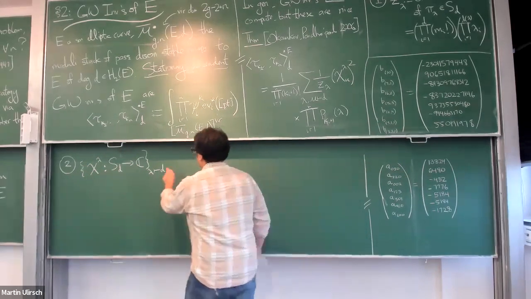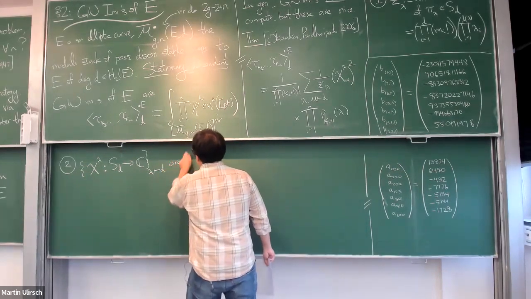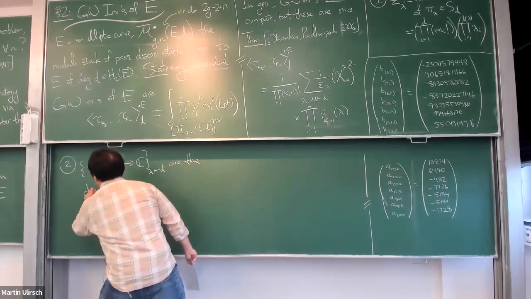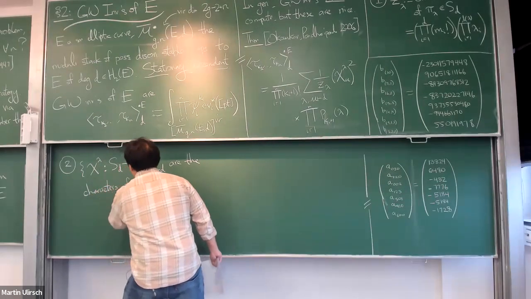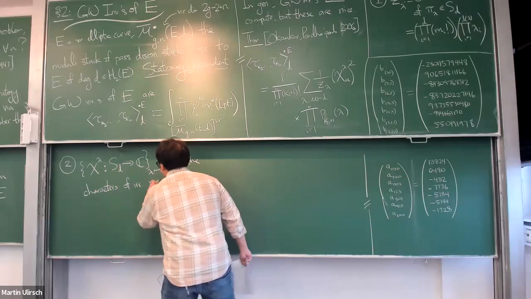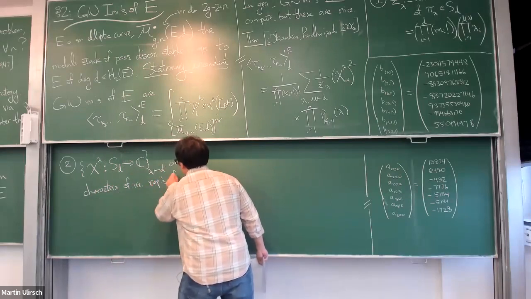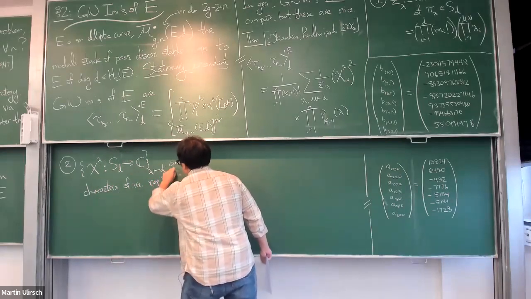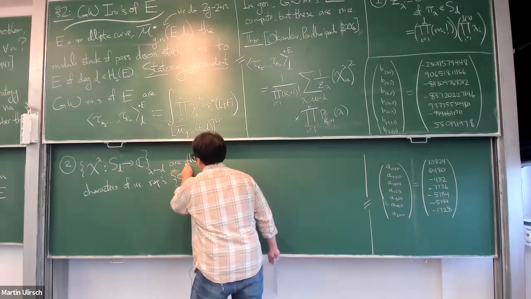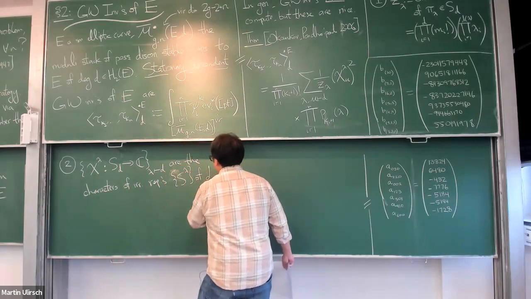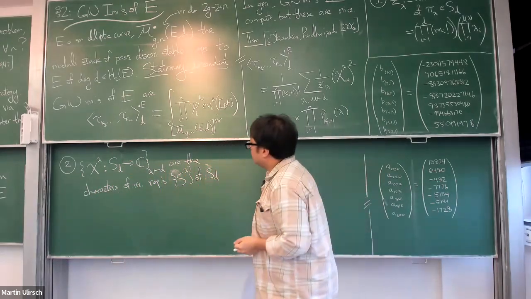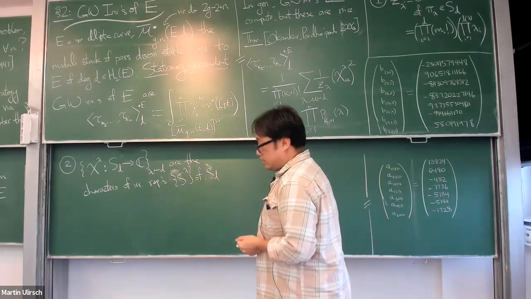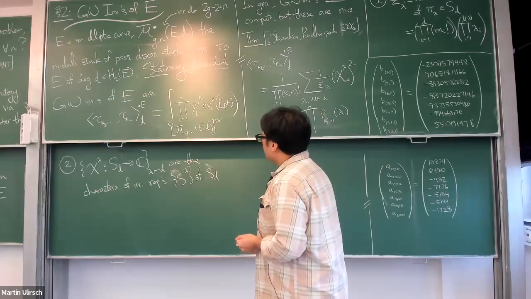These are the characters of the irreducible representations of the symmetric group, which I'm going to call S_lambda.